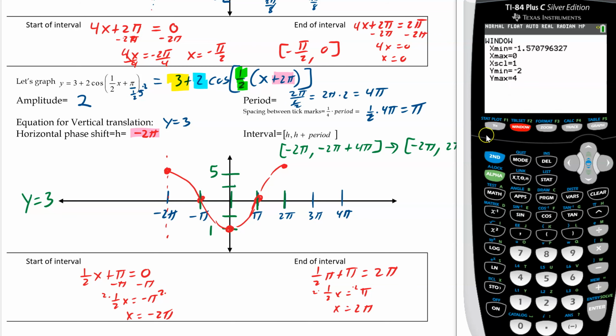And then again, our window, either from doing this or this, we know we go from negative 2 pi to 2 pi. And now you can do what we know it is from negative 1 to 5 here, or just hit zoom, and 0 means fit. You can see if you scroll down, it will say fit. So what it'll do is fit it for us on that interval.